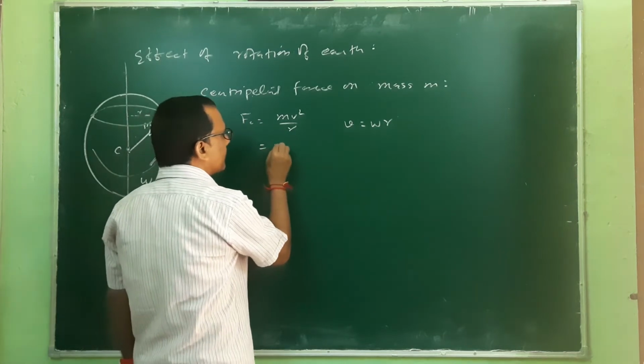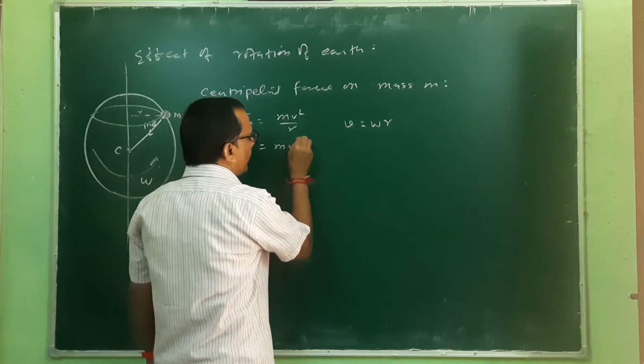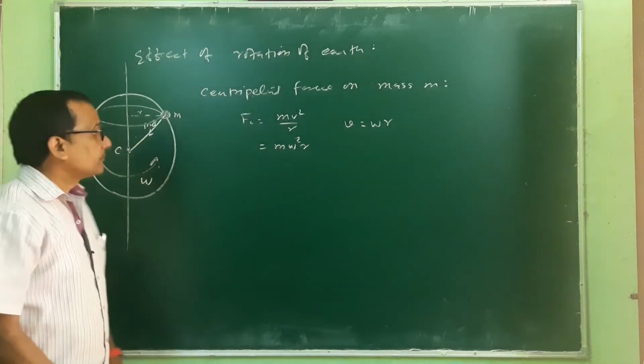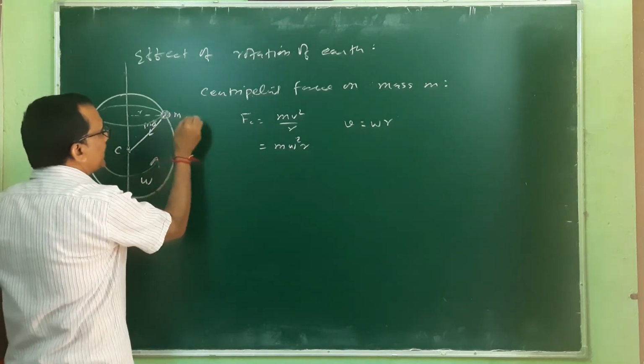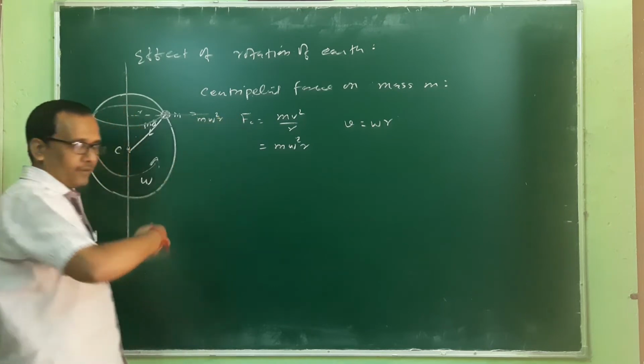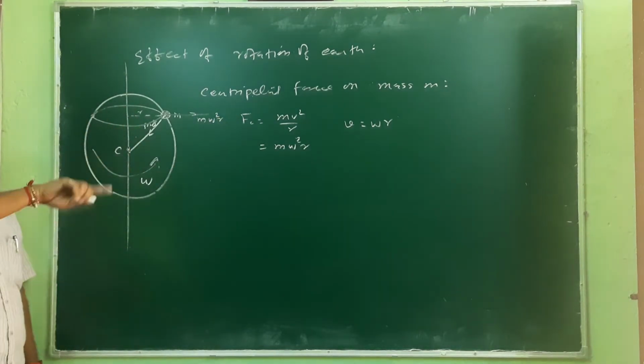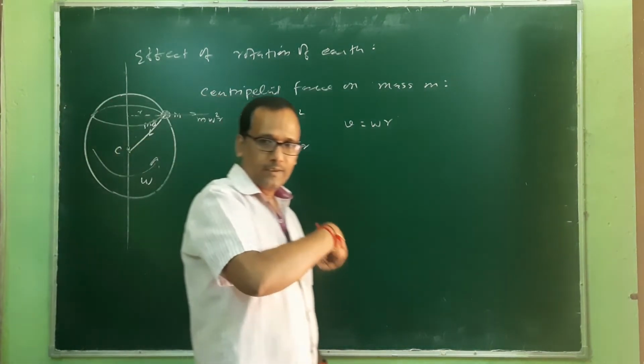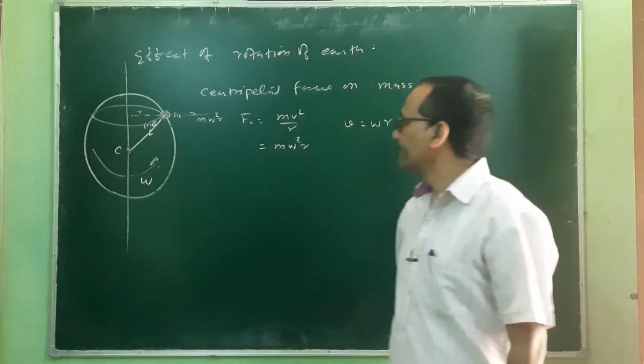So one can write this as m omega^2 r. The centripetal force will be toward this. So with this centripetal force, m omega^2 r, that body is moving.